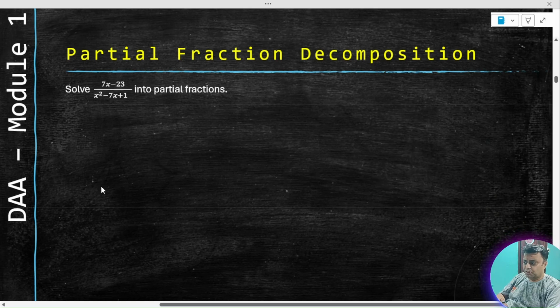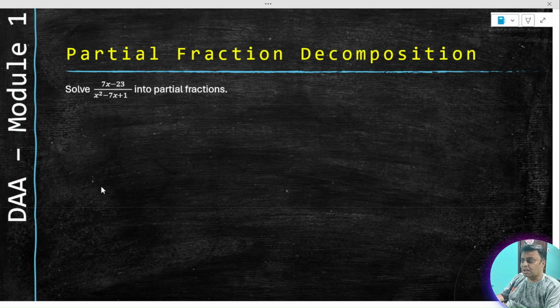The first point is some mathematics around, let's say, partial fraction decomposition. What you see here is 7x minus 23 over x square minus 7x plus 1. Now if such a fraction is given to you, can we break it down as a part of partial fractions? Why is it required? It will be required when we try to solve the generating function way of doing time complexity calculations, right?